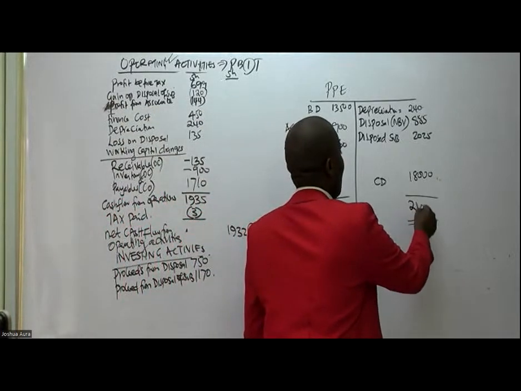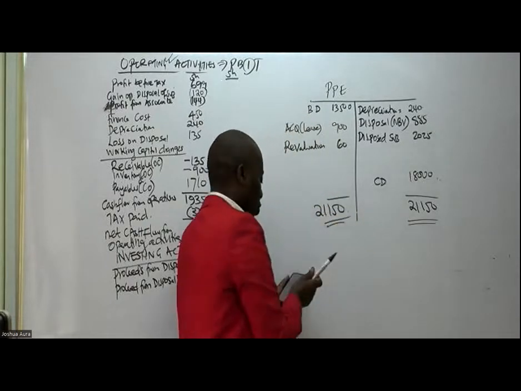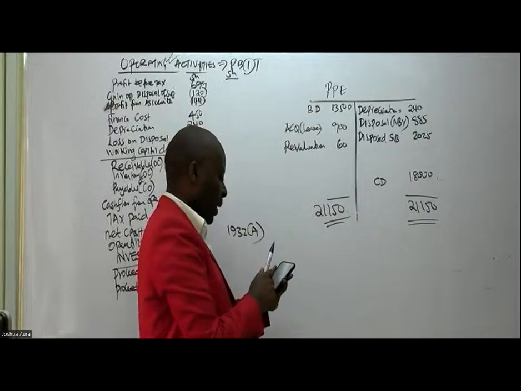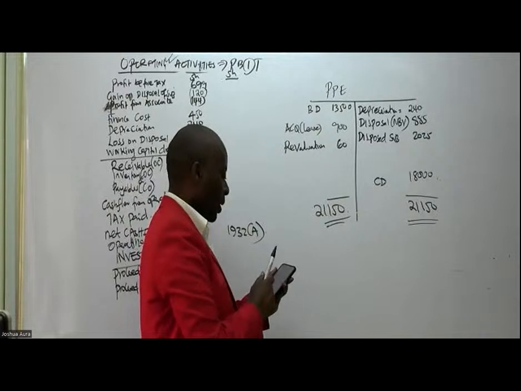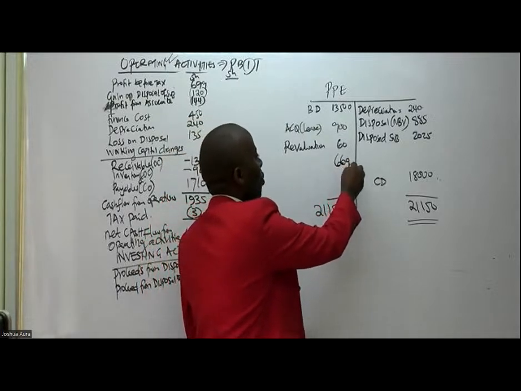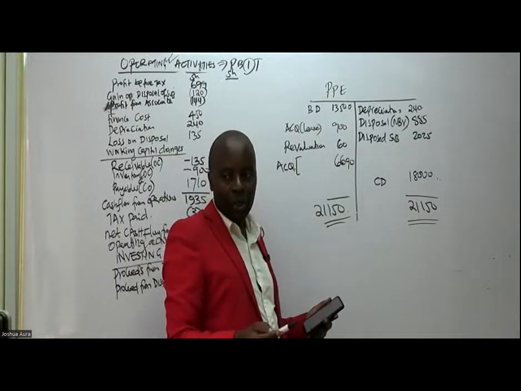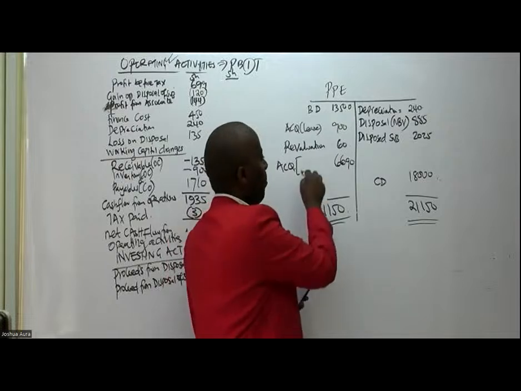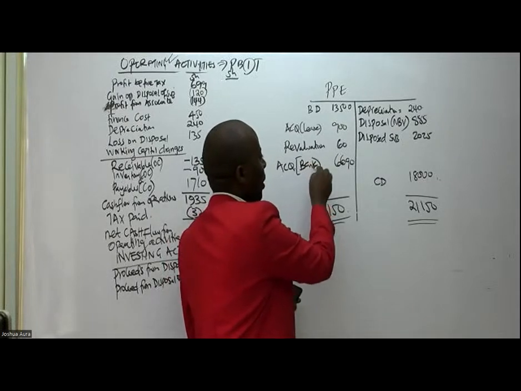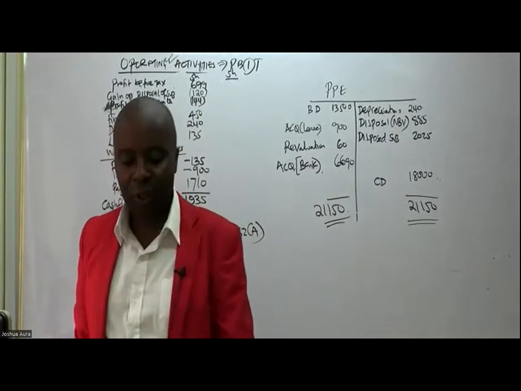The balancing figure, after minus 60, minus 900 and minus 13,500, is the assets we acquired directly through cash. So acquisition through bank, 6690. Could you kindly confirm? Yes. Thank you so much.